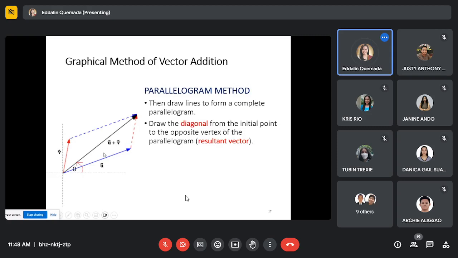Either you use head to tail or the parallelogram method, the resultant you get is still the same. Remember the properties of vector addition, associative and commutative: the order of adding vectors and the grouping of vectors does not affect the resultant or the overall sum. I hope that's clear. Questions?